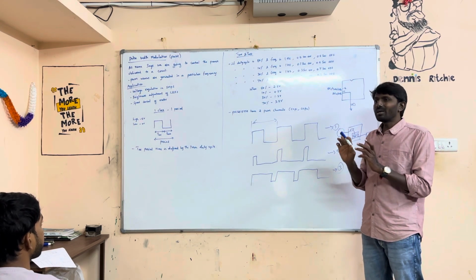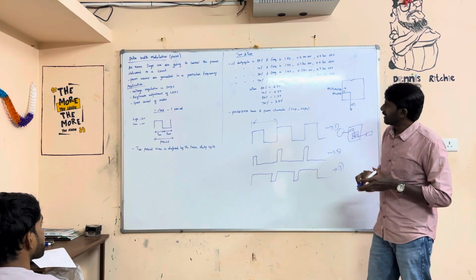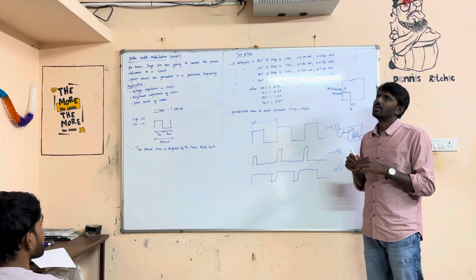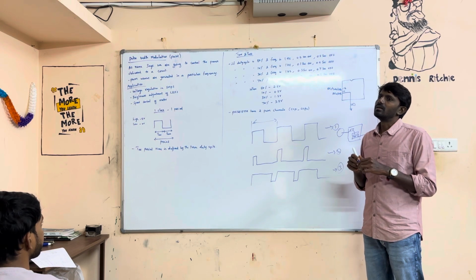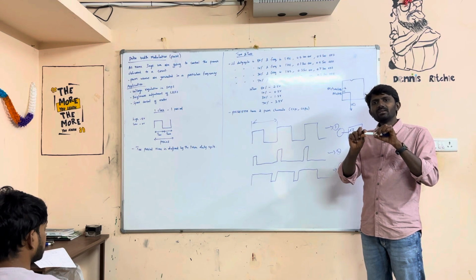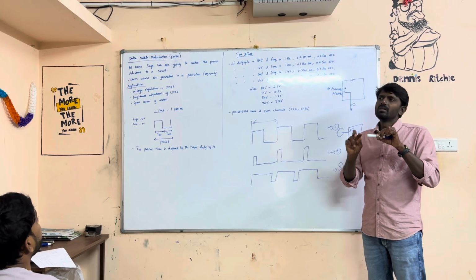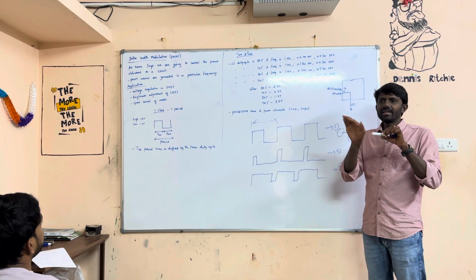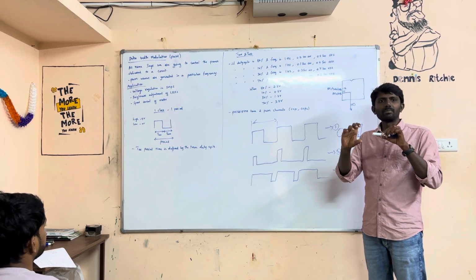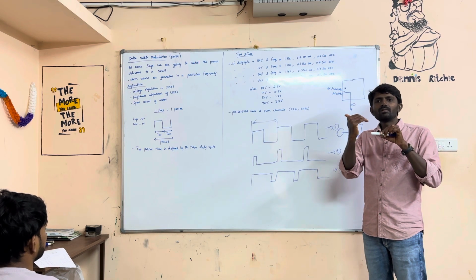Now, sir, by making the pulse, what am I going to achieve? Very simple. You see, there is a pipeline. Assume there is a pipeline. Let's take for example that for 1 second the full water is coming, and for 1 second it is completely off. 1 second on, 1 second off.